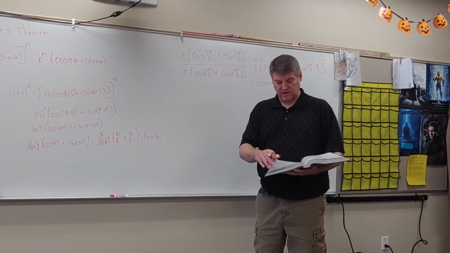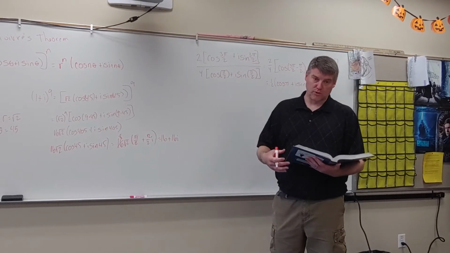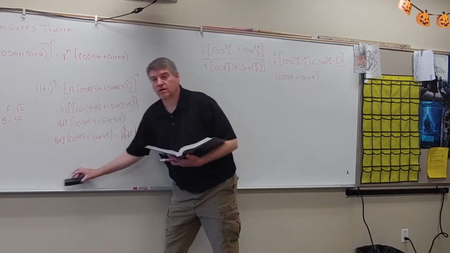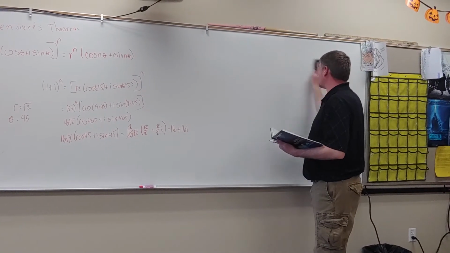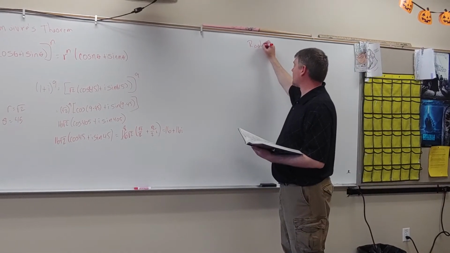So what happens if I want to take a complex number to a root? Roots and powers are very, very similar. So let's look at taking it to a root. So these are roots of complex numbers.